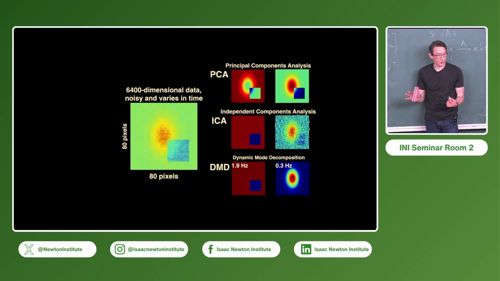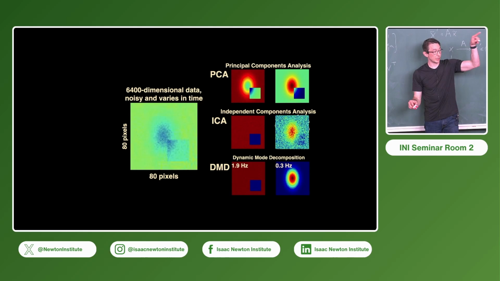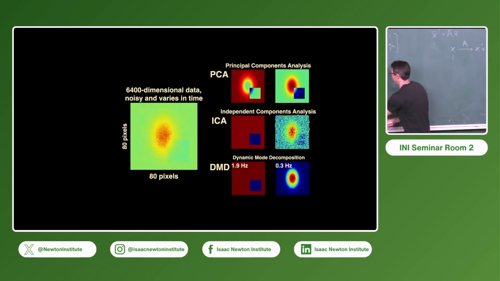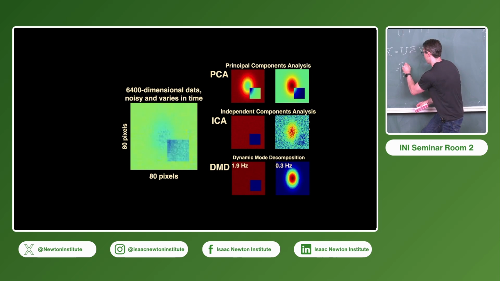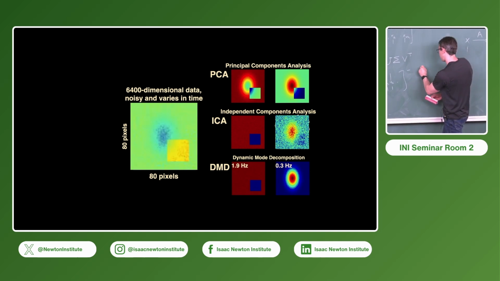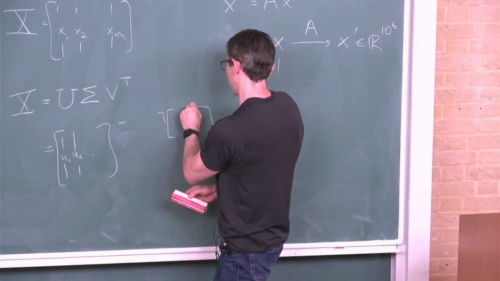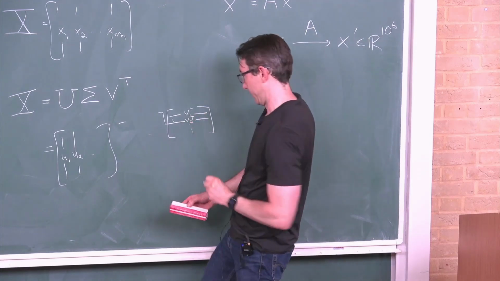They're orthonormal columns. Sigma is a diagonal matrix of decreasing non-negative entries. The first one is more important than the second one is more important than the third one. I'm going to actually write this out. So I've got U1, U2, dot, dot, dot, V1 transpose, V2 transpose, dot, dot, dot.